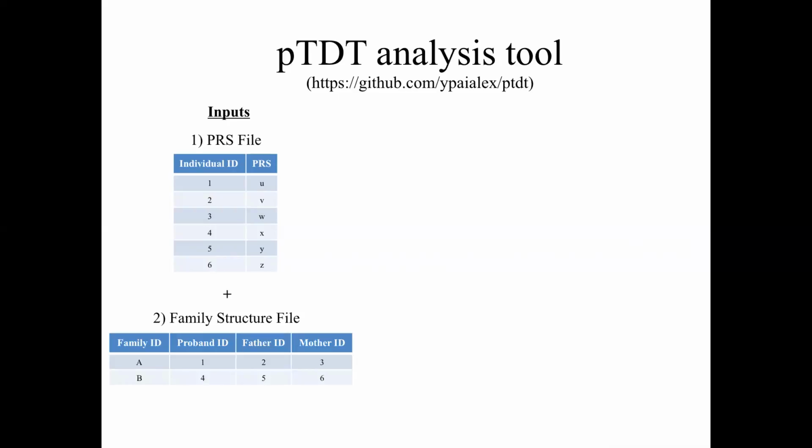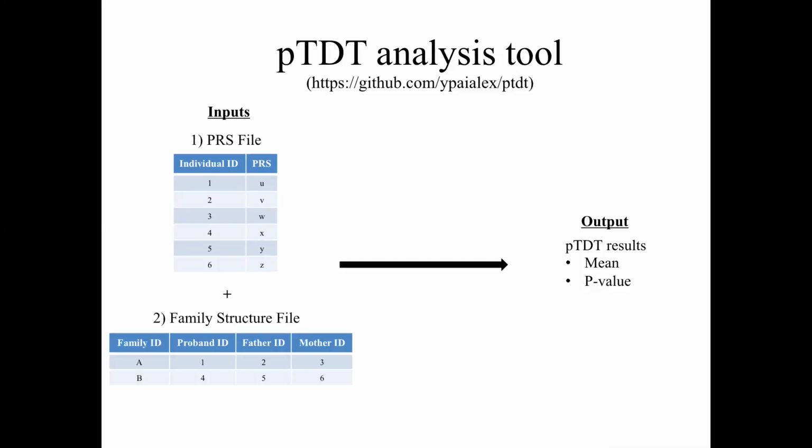And then a family structure file, which specifies for the program which individuals are in which families. So again, this is just a text file where the individual IDs from the polygenic risk score file appear in the family structure file, telling it which proband, which father and mother appear in which family.